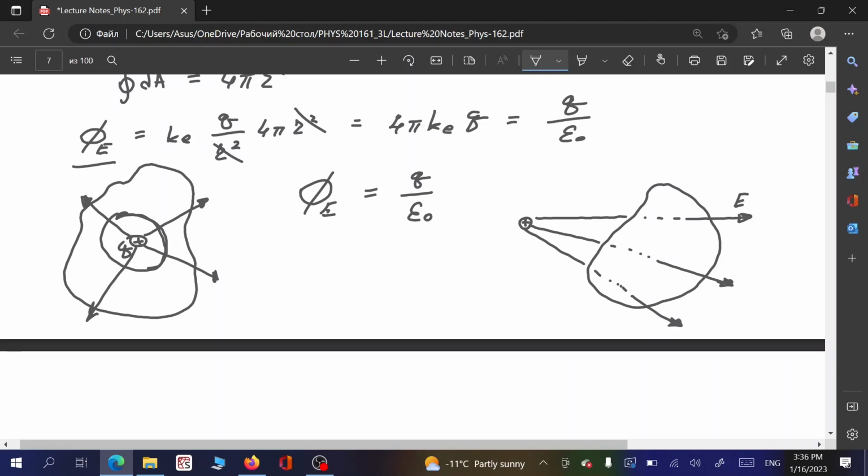Quite a clear example: we have 3 electric field lines coming inside the closed surface, 3 coming outside. So the net total electric field flux will be equal to 0 because they compensate each other, and the net amount of electric field lines coming out from the surface will be equal to 0.